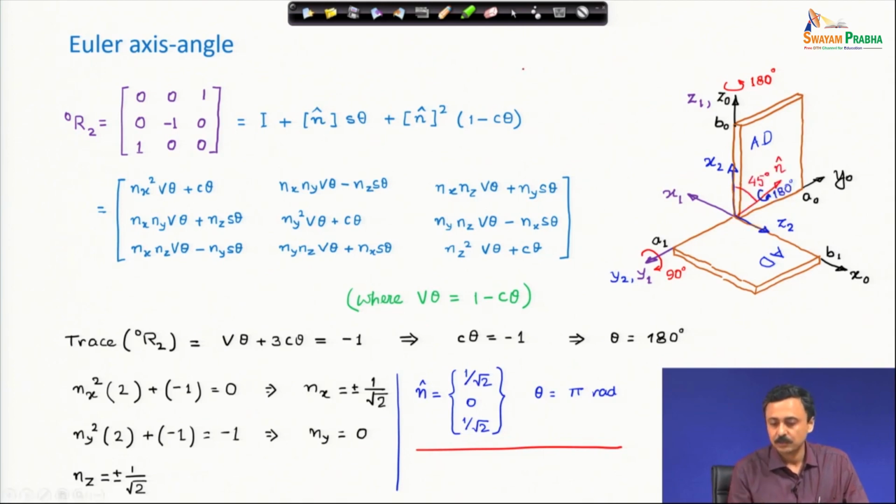And what is our vector? 1 by root 2, 0, 1 by root 2. Therefore, it has projections in x and z. This is the vector, I have drawn that vector. It is on the x z plane and makes an angle of 45 degrees. If you rotate by 180 degrees about this axis as shown here, you will bring this orientation to this orientation.